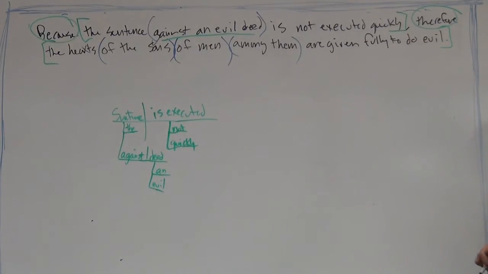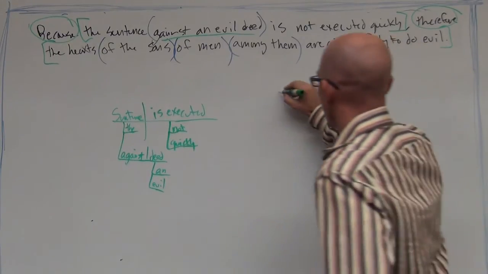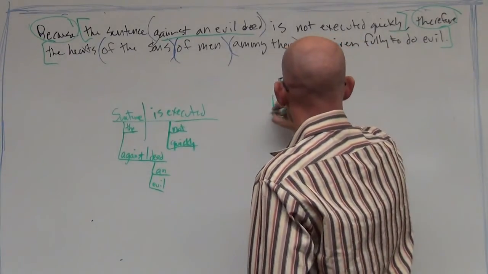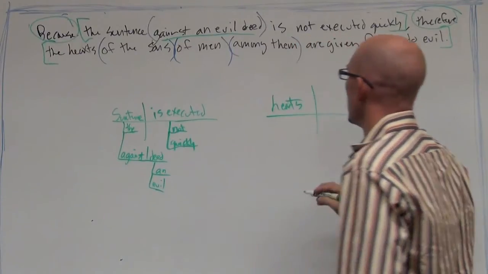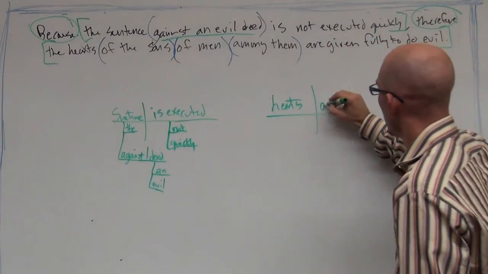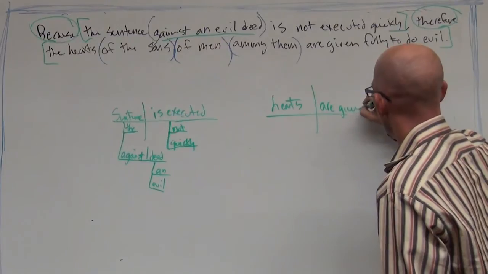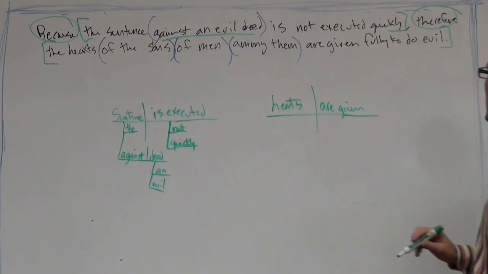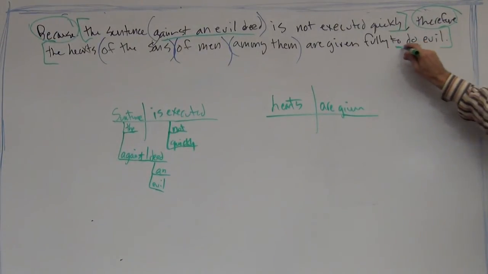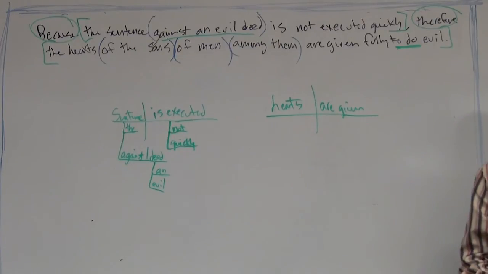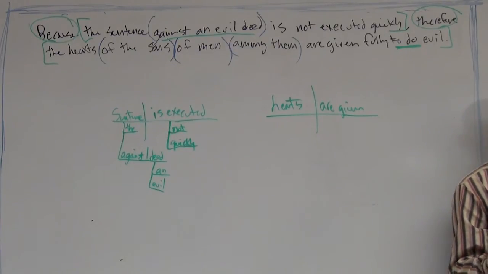The hearts of the sons of men among them are given fully to do evil. Okay, what's our subject? Hearts. What's our verb? Are given. Okay, what about this infinitive? To do. How do we do infinitives?